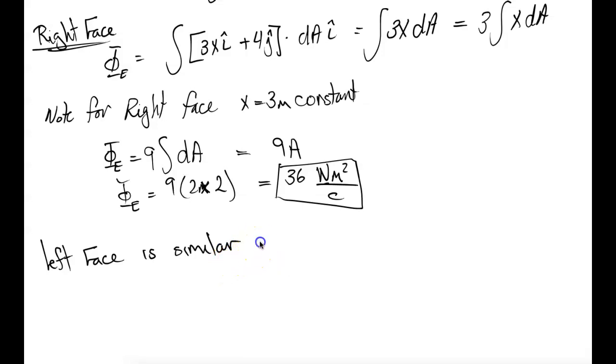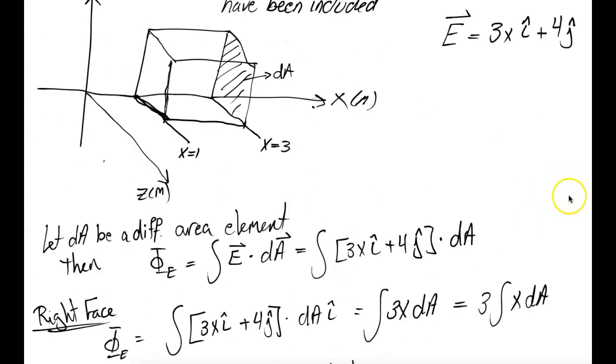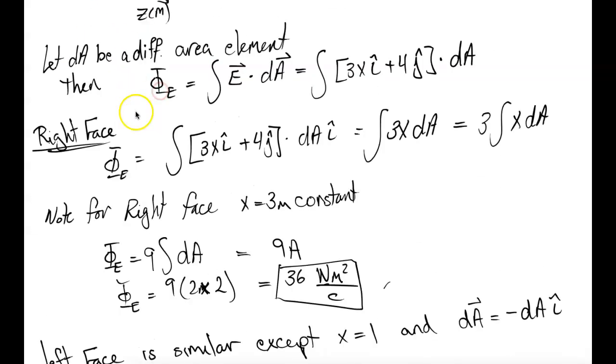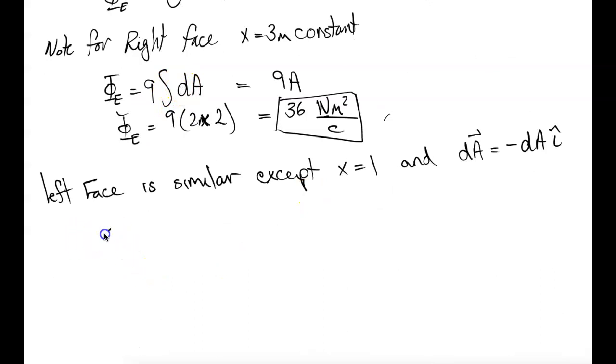Except that the x value is 1 on the left-hand face, and that dA vector is minus dA i hat, so we get a negative sign because dA for the left-hand side, which is this, is pointing in the negative x direction. So let's put this as phi E sub right.